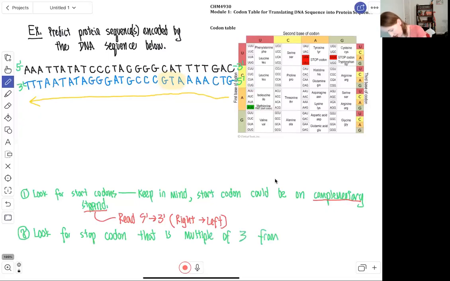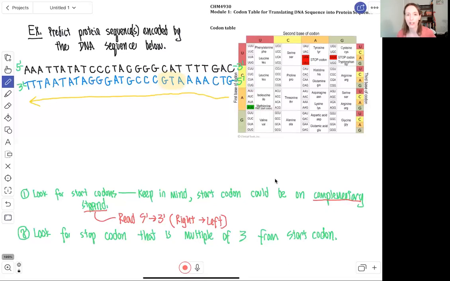This is essential because this is going to form the end of the protein. If it's not a multiple of 3, that is what we call out of frame. And an out of frame stop codon is not going to be suitable for stopping the translation process.